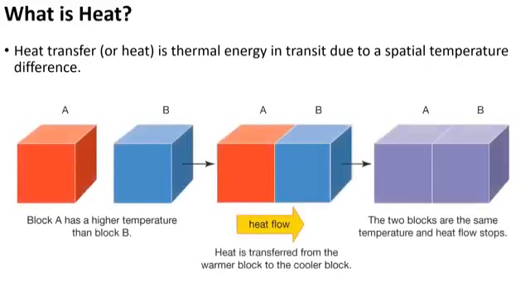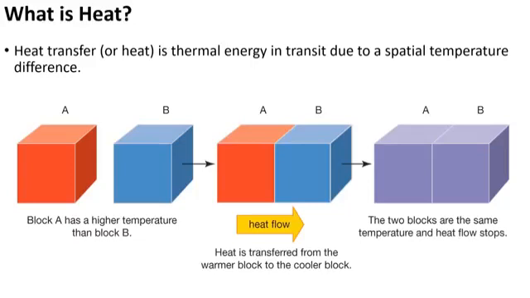For example, we have two blocks, block A and block B, as shown in the figure. Block A has a higher temperature than block B. So there is a temperature difference between block A and block B, and there will be a flow of energy between them due to this temperature difference.